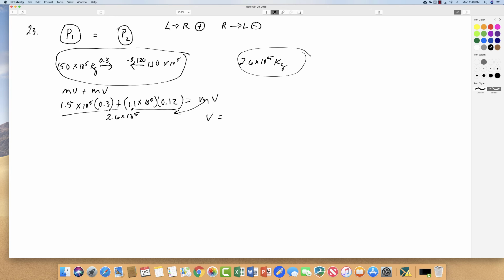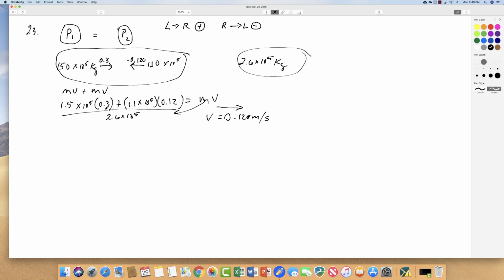So if you do the math here, you end up with 0.12 meters per second. And because it's positive, that means it's traveling from left to right.